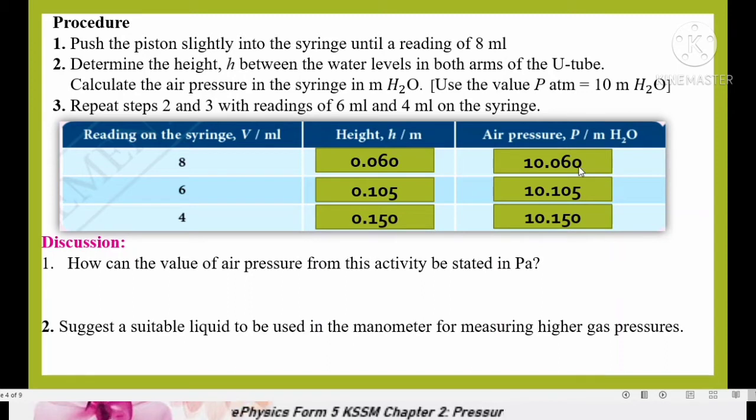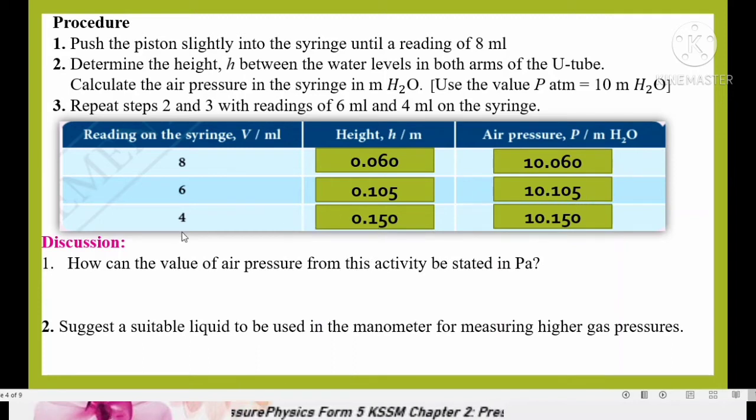The total becomes 10.060 meter of water. For this one, it is 10 meter of water, which is atmospheric pressure, plus 0.105 meter of water due to water. So totaling up, we get 10.105 meter of water.